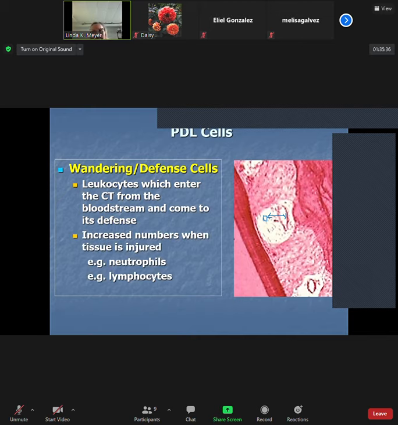So they're different from the mast cells. They're the white blood cells. Okay, so far, these are all connective tissue cells that you're familiar with.